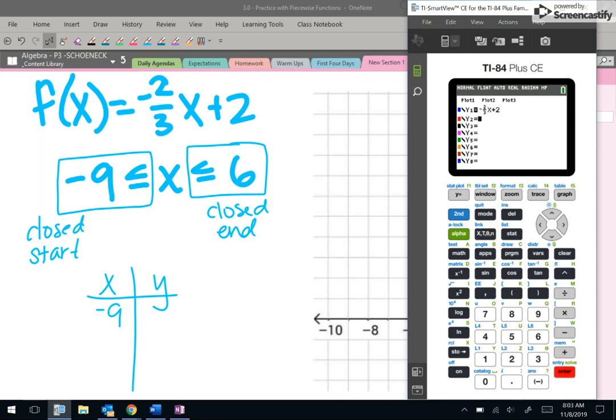Take a quick look at the graph. That's a linear function. Remember, we're not graphing the whole thing, only a part of it. So we'll go to the table, and we want to start at negative 9. Let's scroll. It looks like I got a lot of fractions, but remember we want just the integer ones.